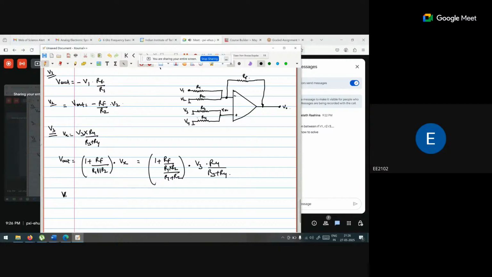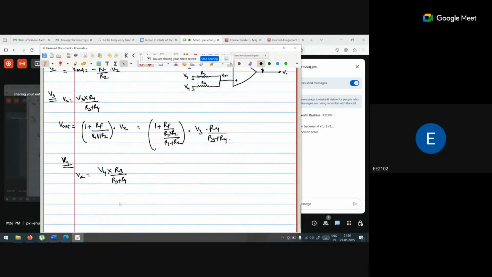And when we consider the V4 voltage, Vx is V4 into R3 upon R3 plus R4. V out is 1 plus RF upon R1 multiplied with R2 upon R1 plus R2. This gain is the same, and that is multiplied by V4 into R3 upon R3 plus R4.